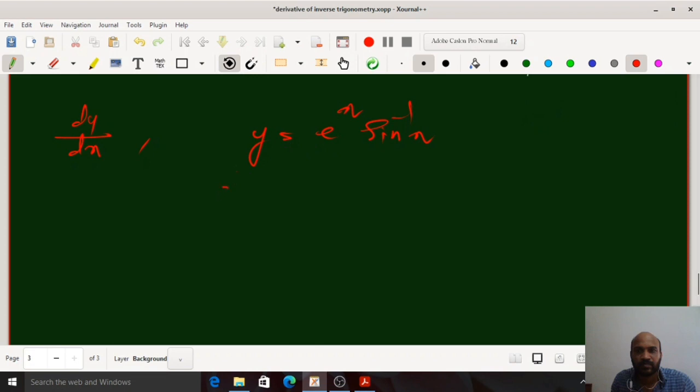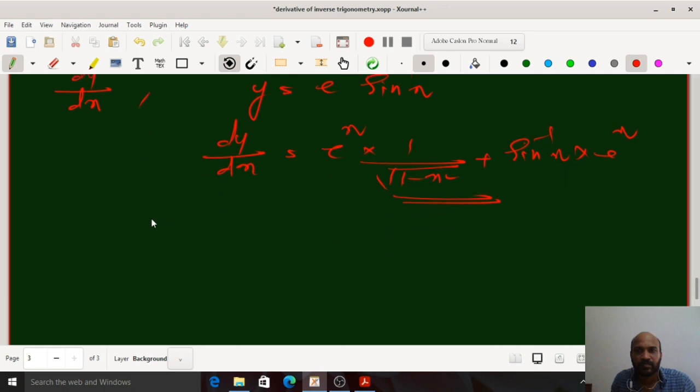For finding the derivative, on the right hand side you have to apply the product rule, right? So e raised to x into the derivative of sine inverse x, that is 1 by root of 1 minus x square, plus the second function, that is sine inverse x into the derivative of e raised to x, that is e raised to x. This is the answer.